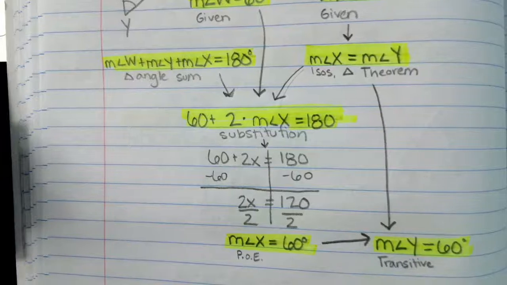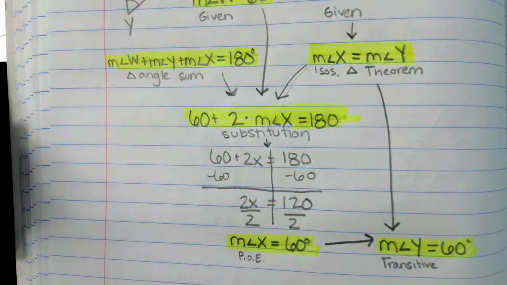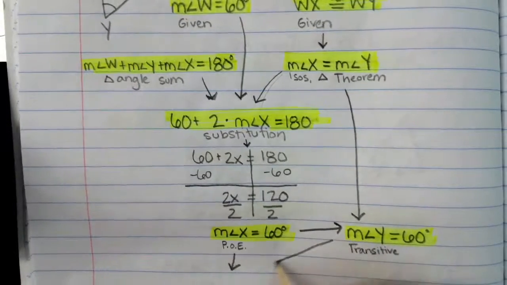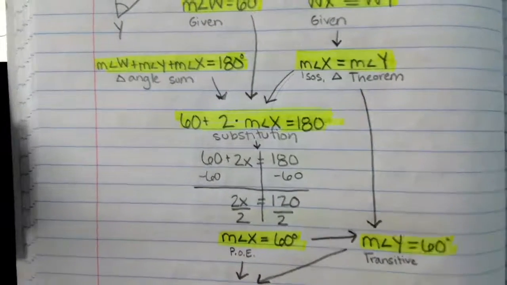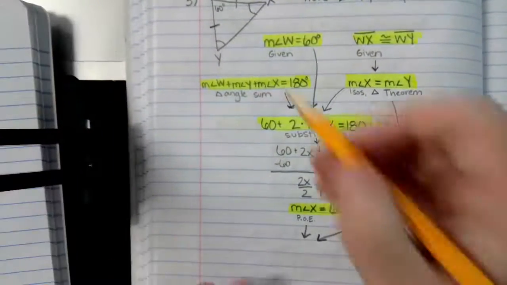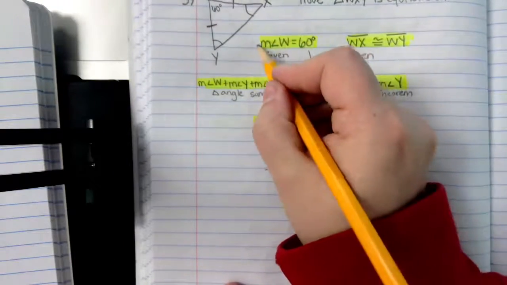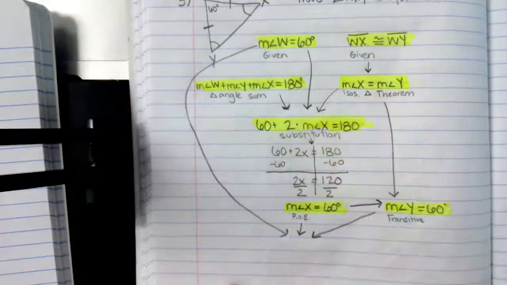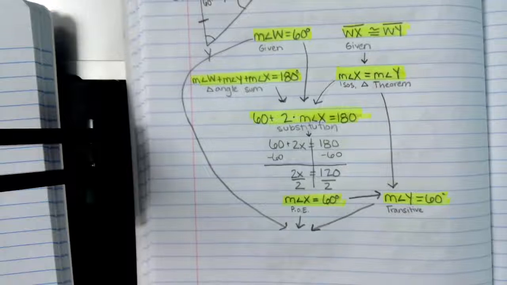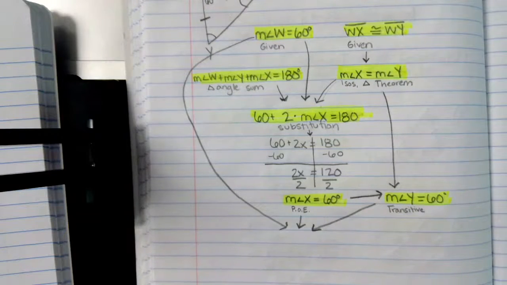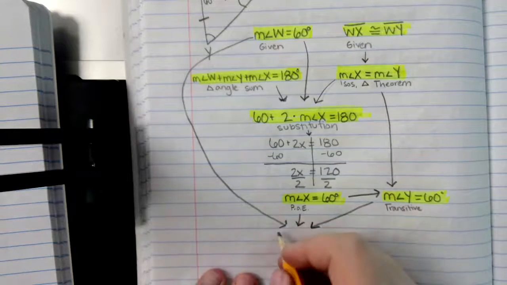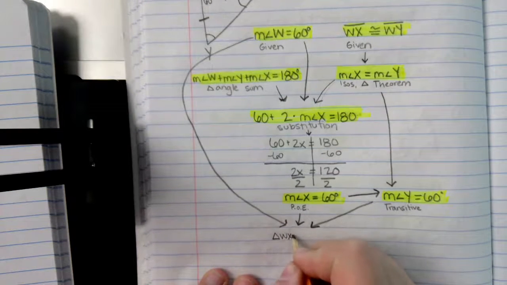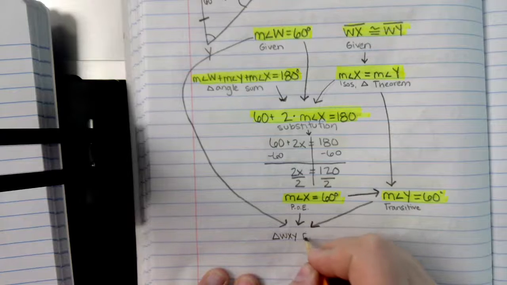Now we know what about all the angles? They all equal 60. So I'm going to put those two into an arrow, and I'm actually going to draw an arrow all the way from our given down. So there's a lot of thoughts going on here. If all the angles are equal, what kind of triangle do we have? Equiangular.